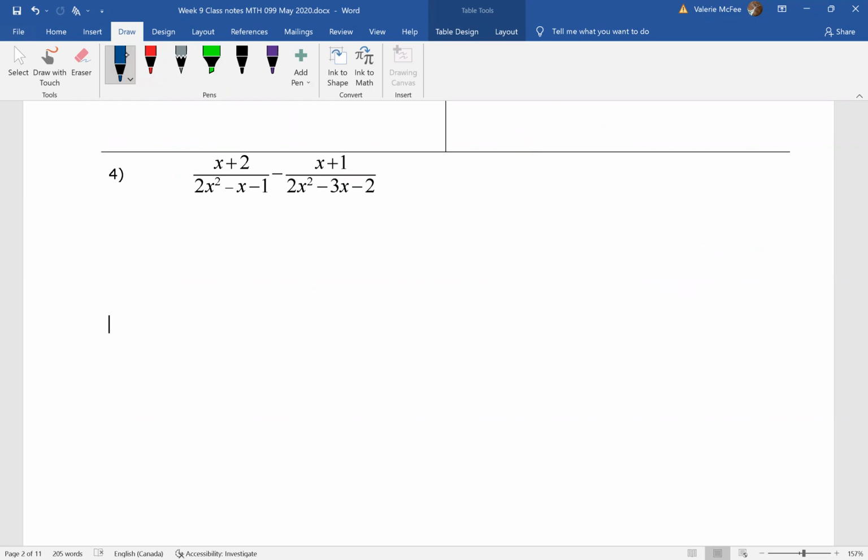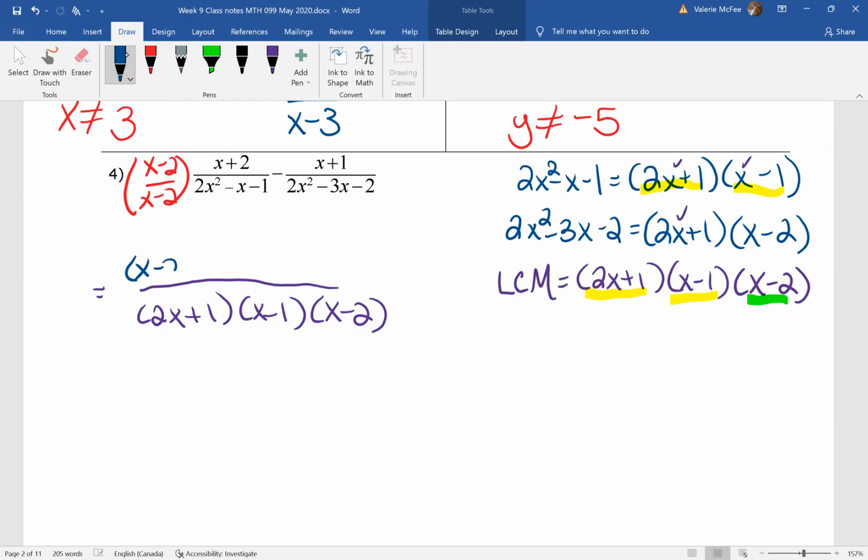So here, and for our second expression, we have 2x plus 1 and x minus 2.